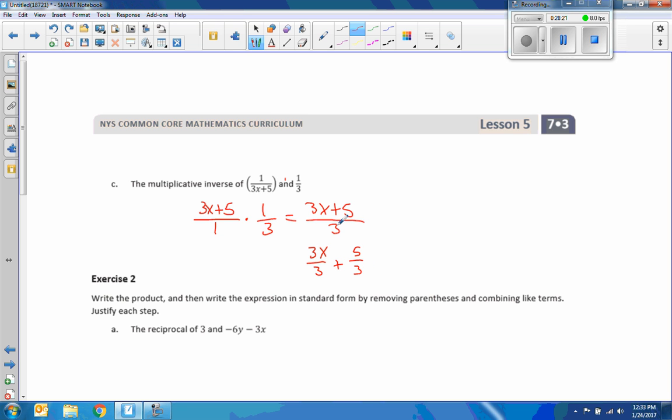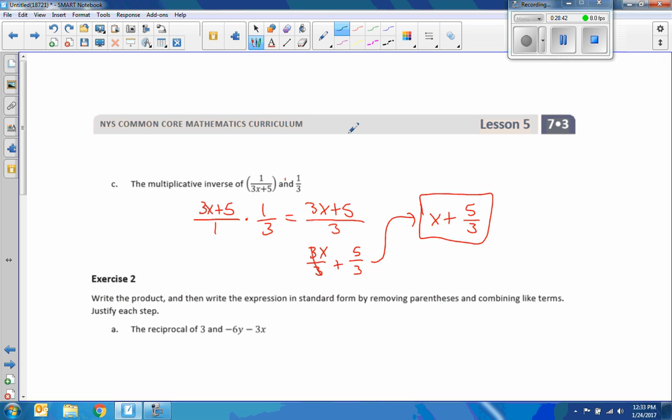I can take the denominator and put it under each term of my numerator. That's what that means. So I can rewrite it like this. And then I can see that the 3s cancel because 3 over 3 is 1, and I get my final answer to be x plus 5/3.